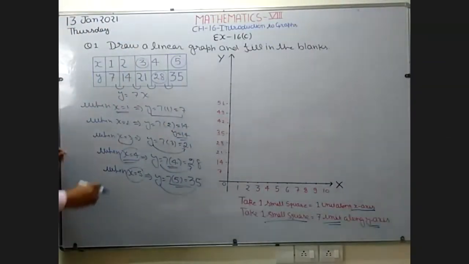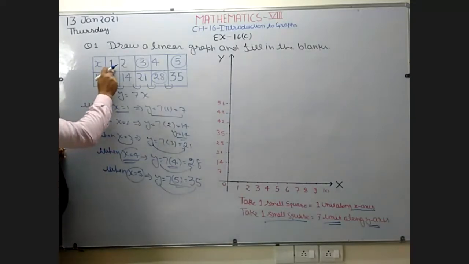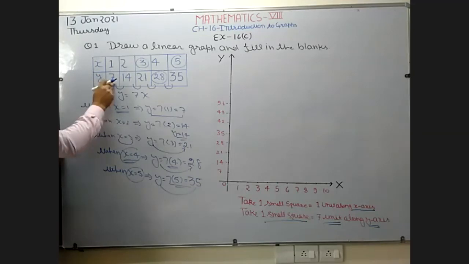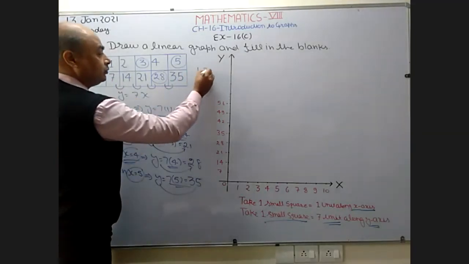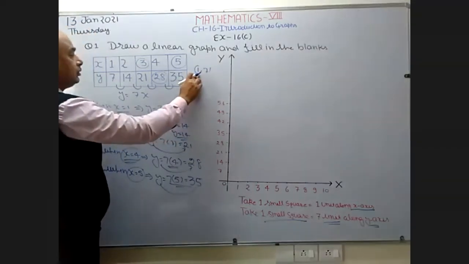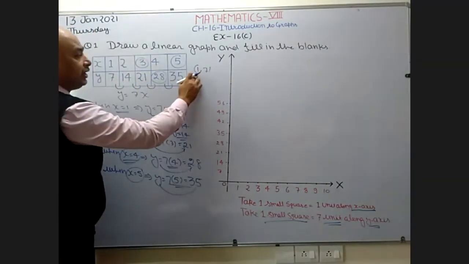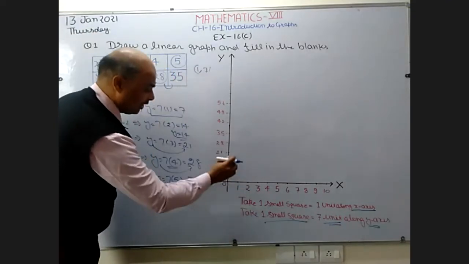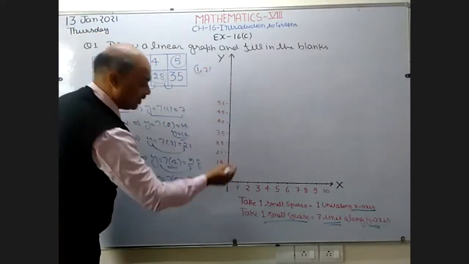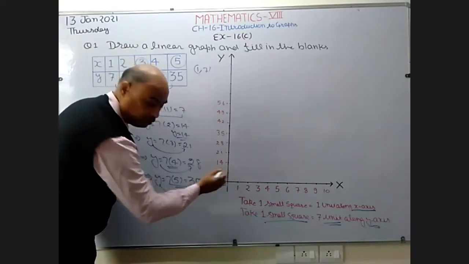What is given? The x value is 1 and the y value is 7. It means I want to represent 1 and 7. The value of x is 1 here, and the value of y is 7 along the y-axis. So 7 is already here.